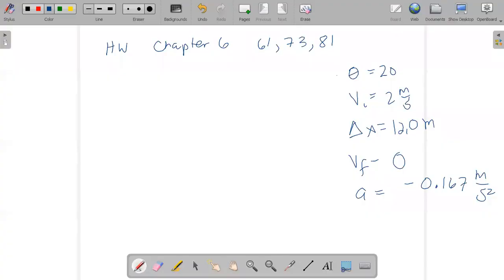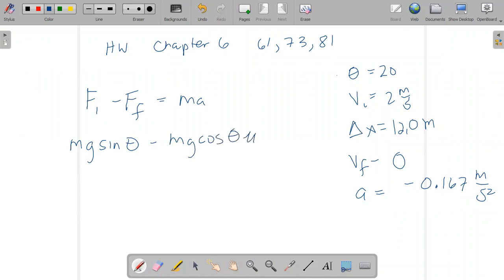Okay, now we'll take the force of the incline minus force of friction equals MA. So we have mg sine theta minus mg cos theta mu k, and I think that's what we're solving for, equals ma. So the m's can go. All right, so I'm solving for this value.